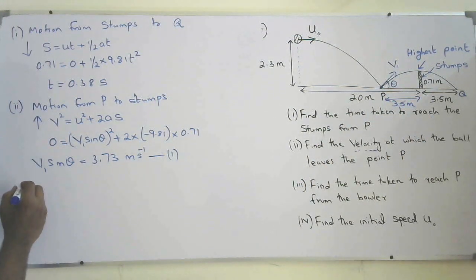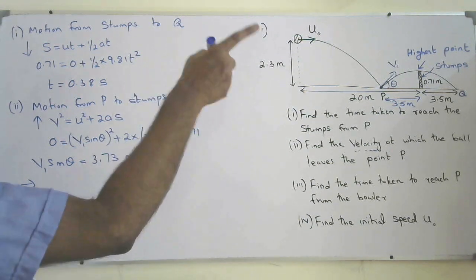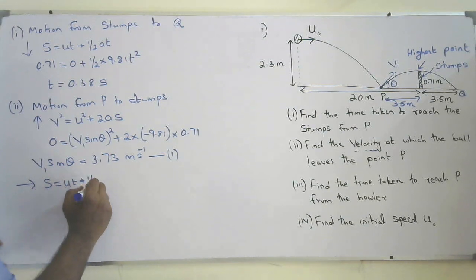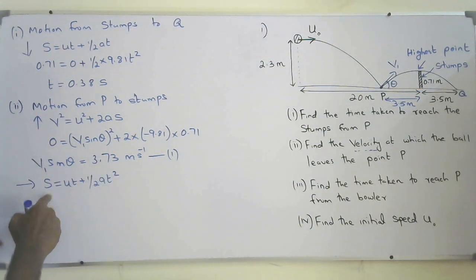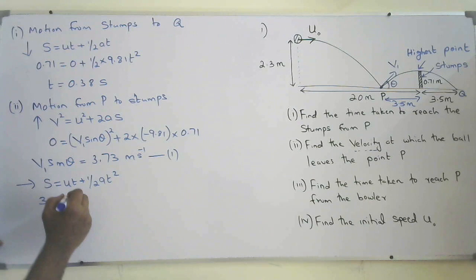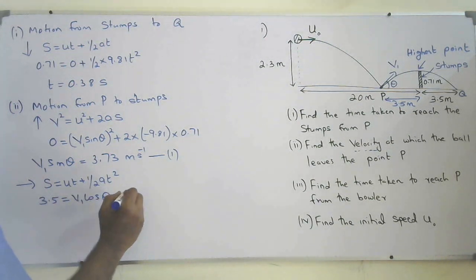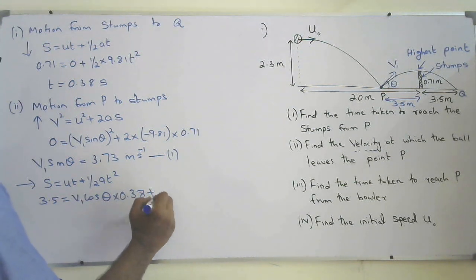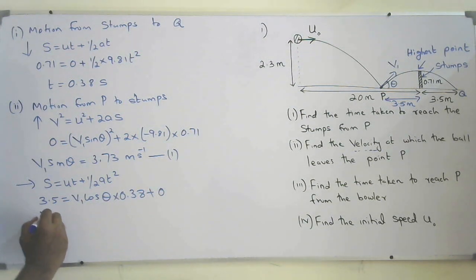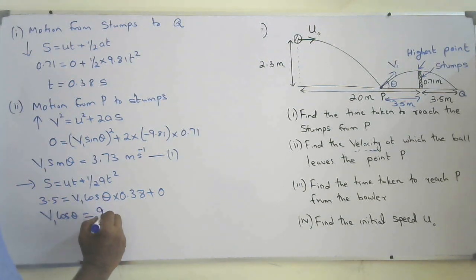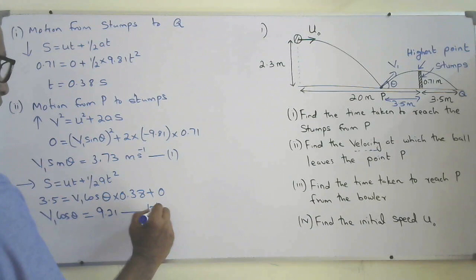So I can use, horizontally for the motion from P to the highest point, S equals ut plus half at squared. S is 3.5. Initial velocity will be V1 cos theta, into time 0.38, plus, horizontally, no acceleration. From that I can find V1 cos theta. That will be equal to 9.21. That will be the second equation.